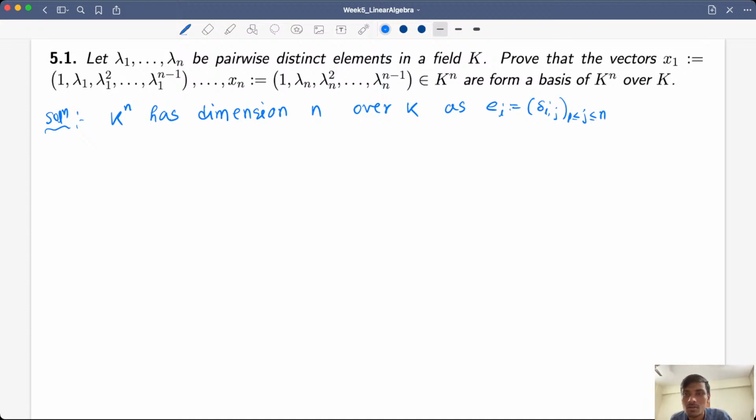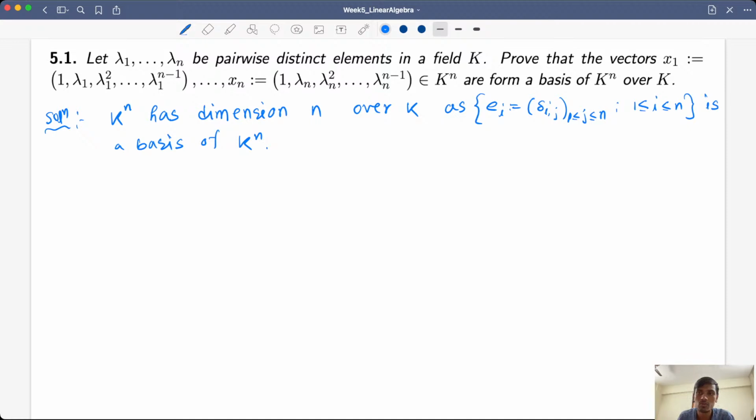So e_i has 1 at the i-th position and 0 elsewhere, so this set for 1 less than or equal to i less than or equal to n is a basis of K^n, right? So this is a basis, I know.